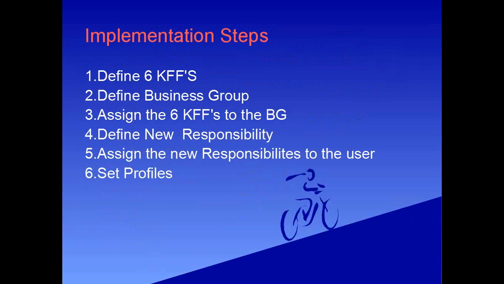Same like Tata. Tata is an organization. Tata Steel, TCS, and the others all come under sub-organizations. You will create sub-organizations for departments, like finance, HR, sales, marketing, everything. So business group is, you can say, Tata.